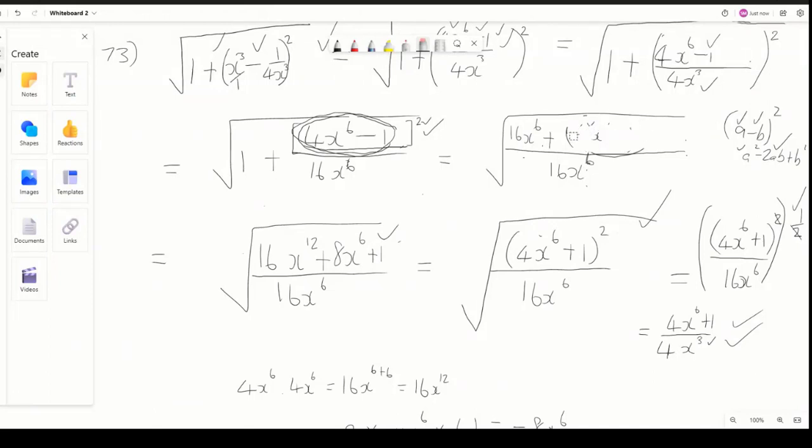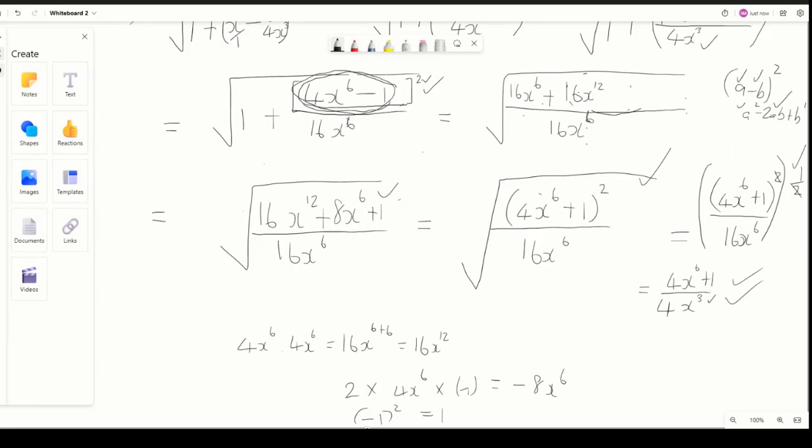I just use the a minus b squared thing there. So now I can write it as 16x to the 12, and then minus 8x to the 6, and plus 1, I think, yeah. Plus 1. That's how I got that.